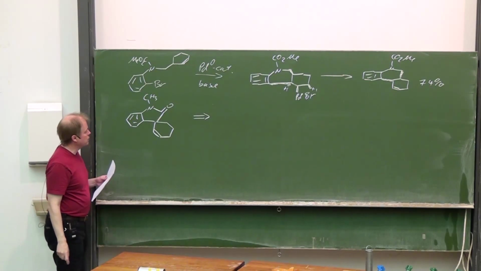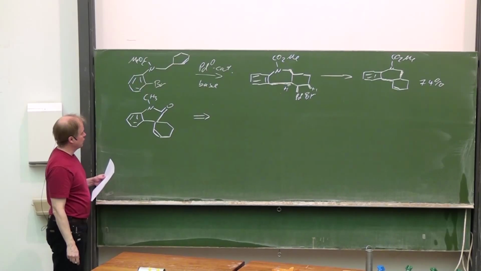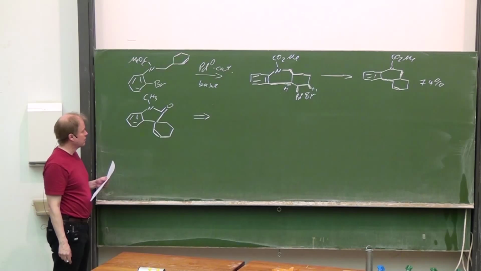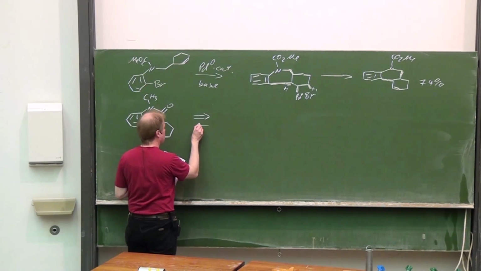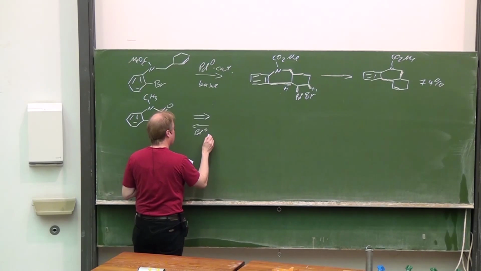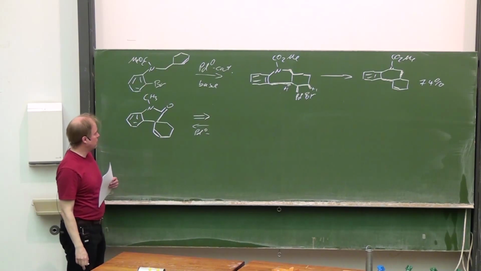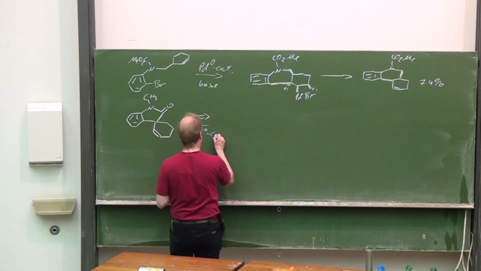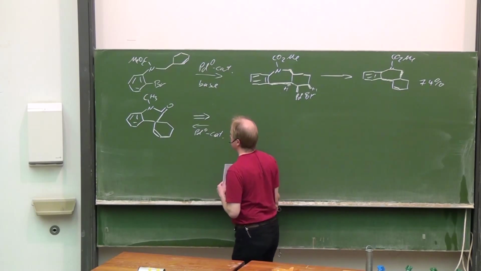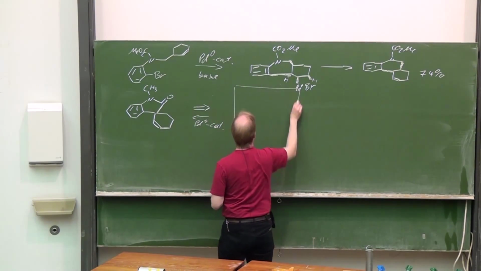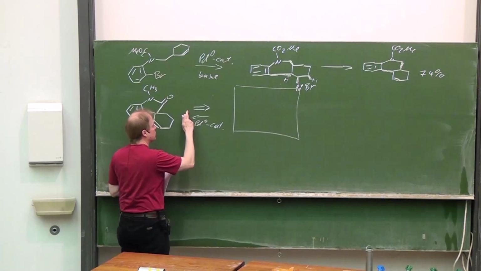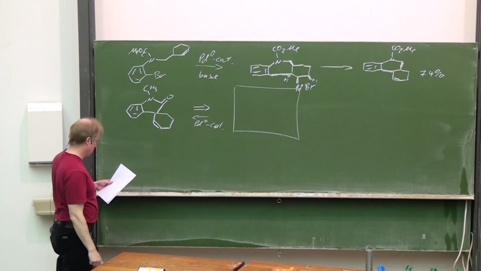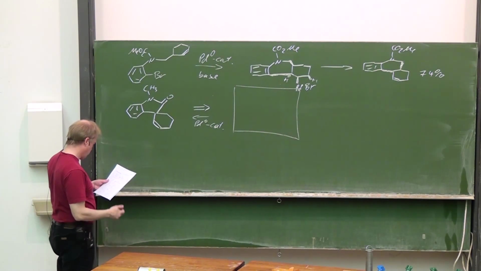You should try to figure out what is an appropriate starting material for synthesizing this by an intramolecular Heck reaction. So this is a retrosynthesis arrow. This is the synthesis arrow. Further examples.